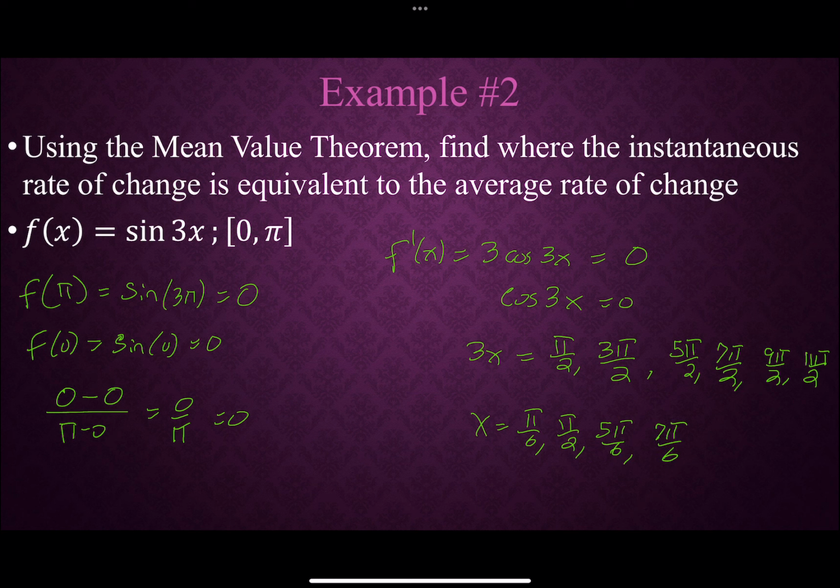And right there we can stop. We didn't need anything else because now we're past our interval from 0 to pi. So the rest of those weren't important. It was only going to be these 3 locations for which the mean value theorem applies, where the instantaneous rate of change is equivalent to the average rate of change.